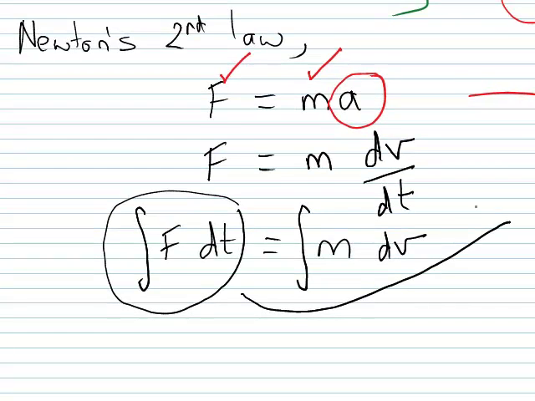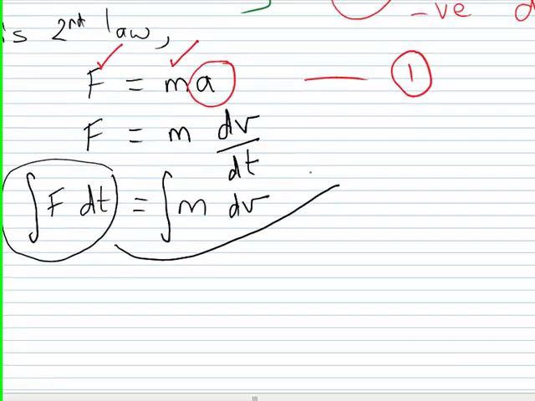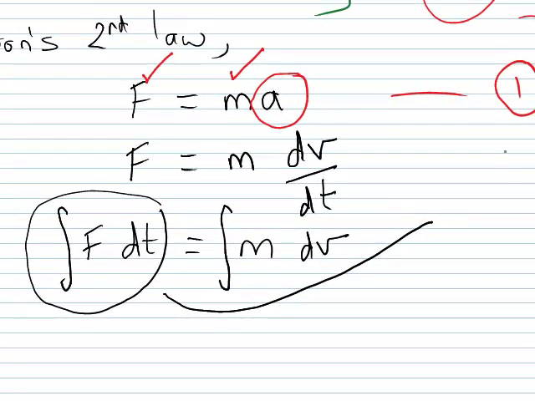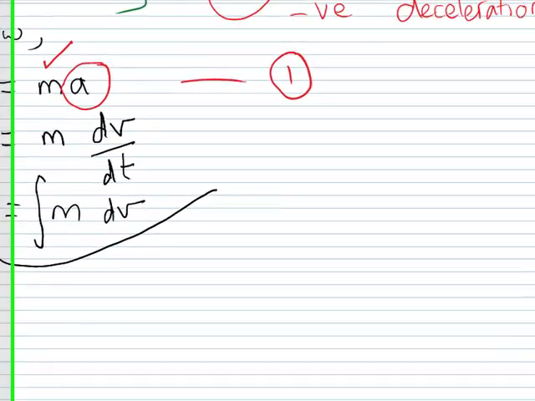Now, rather than compute that integral analytically, the program must do what's known as a numerical integration of that integral. So let's just have a think about how that works.